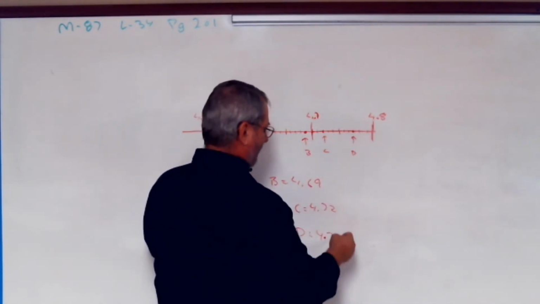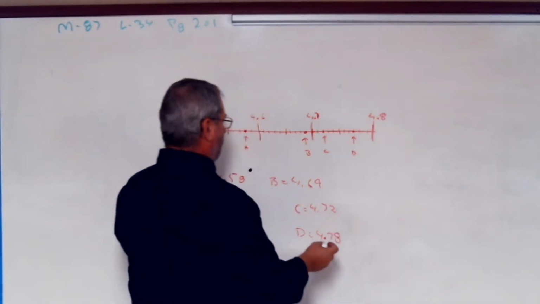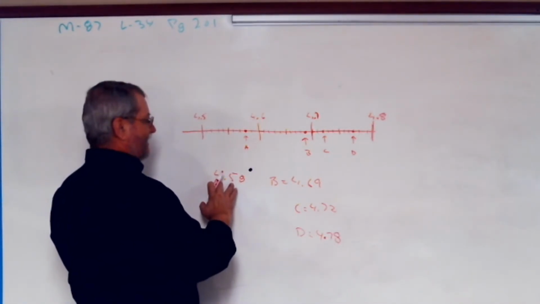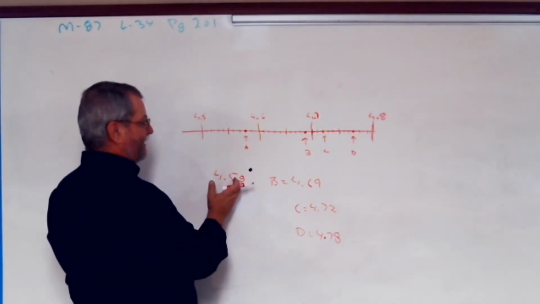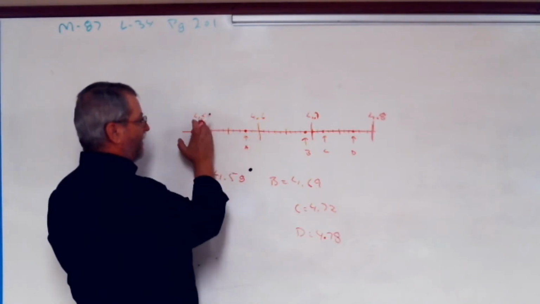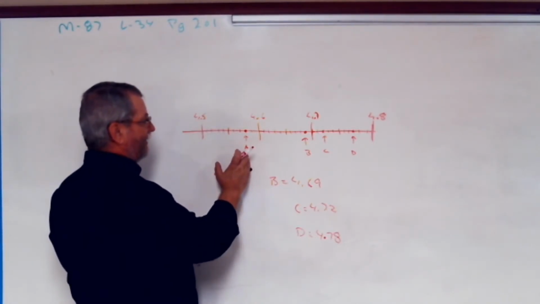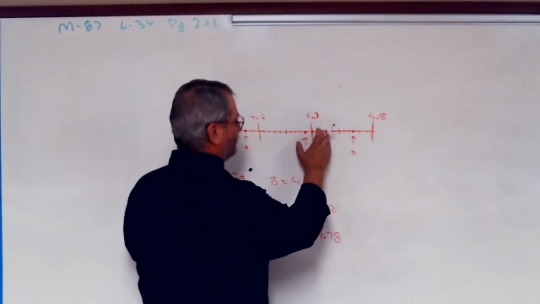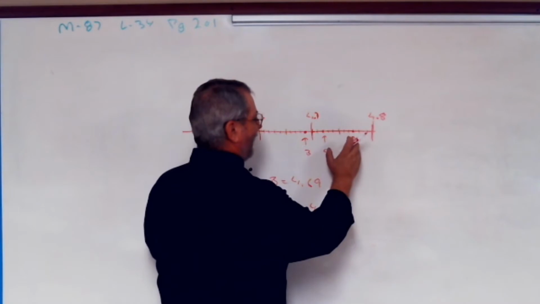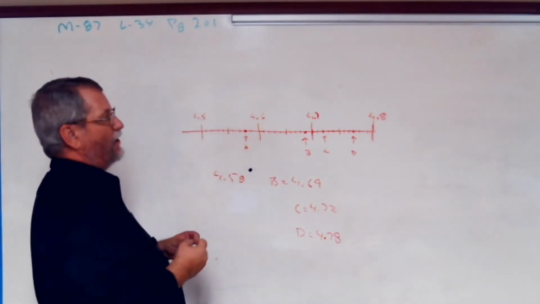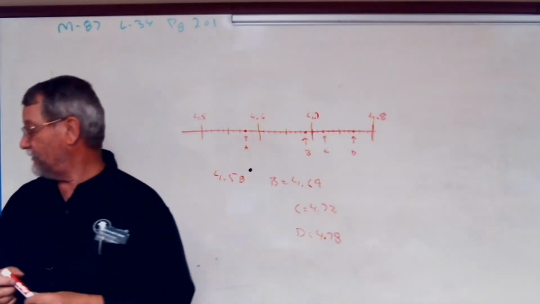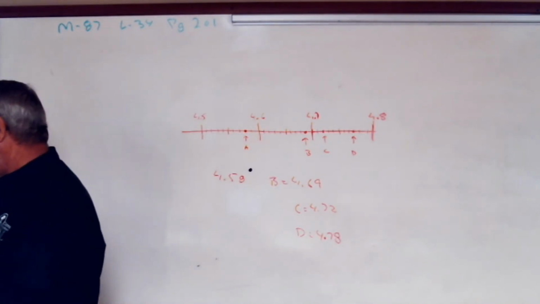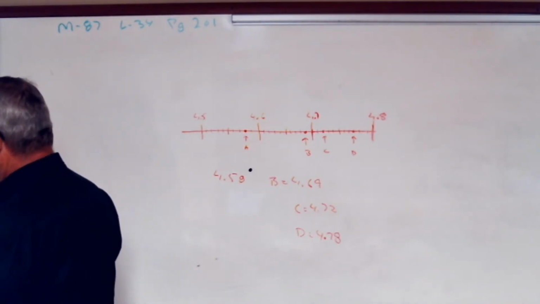And this is, again, 8. So this is how far it is between them: 4.58, 4.69, 4.72, 4.78. Right? That's how you put decimals on a number line, or how you read what they are.